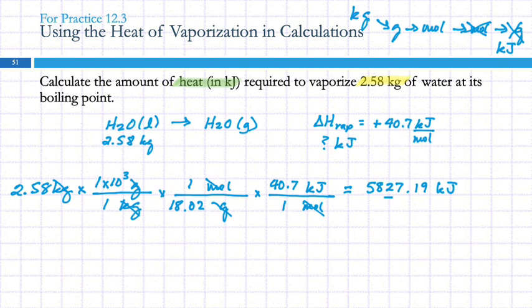So this would be 5830 kilojoules, or a safer thing to do is to put it in scientific notation first. I'm moving the decimal 3 places: 5.8. I want to keep the next digit, the 2, but the next digit is 5 or greater, so I have to round the 2 up to a 3. And then I don't have to worry about all the rest of them, times 10 to the, and I've moved it 3 places.